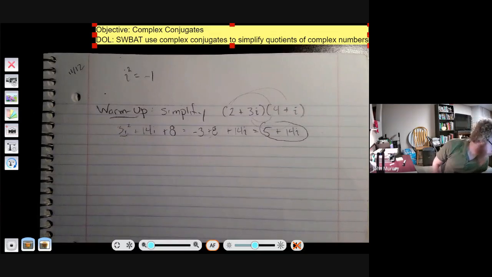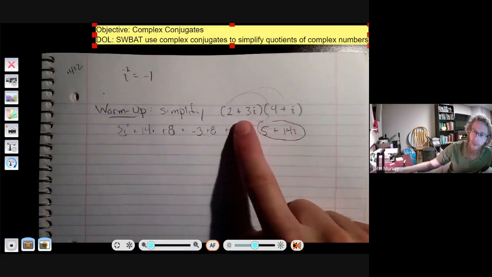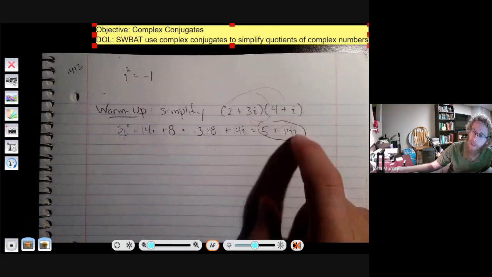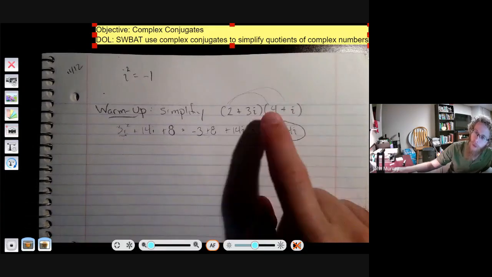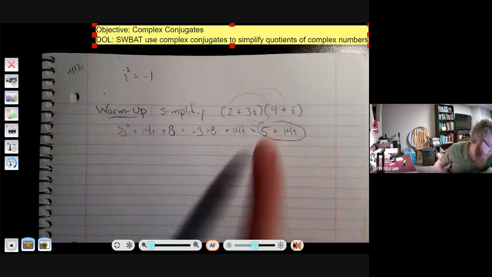All right. So one part of, I don't remember if we saw this last week or two weeks ago or whenever the last time we talked about this was, we can multiply two complex numbers together and we can end up with either just an imaginary number or we can end up with just a real number.